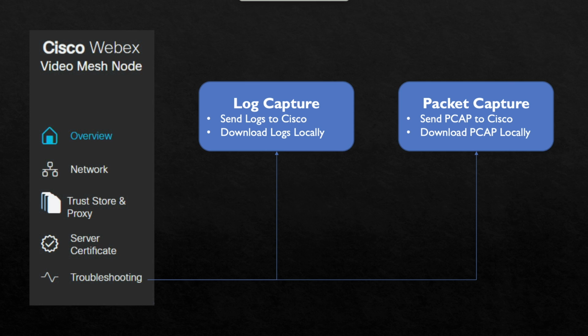And these logs can be sent directly to Cisco for analysis by a TAC engineer, or they can be downloaded locally by the administrator in order for you to examine yourself. A deeper log trace can then be captured using the packet capture tool, and again, these PCAP files can be sent directly to Cisco or downloaded locally for analysis.